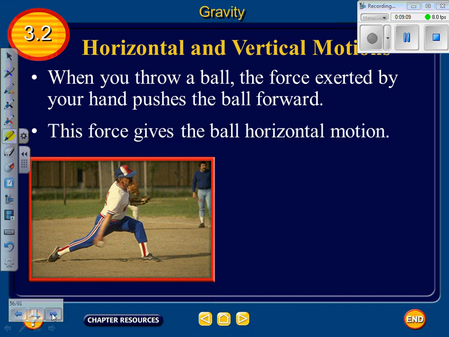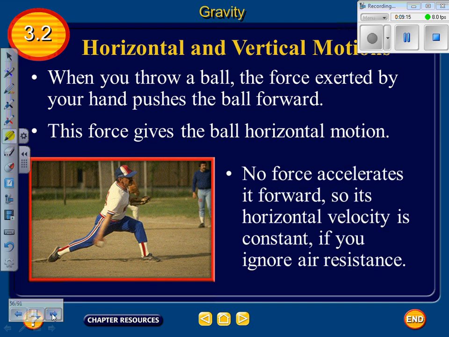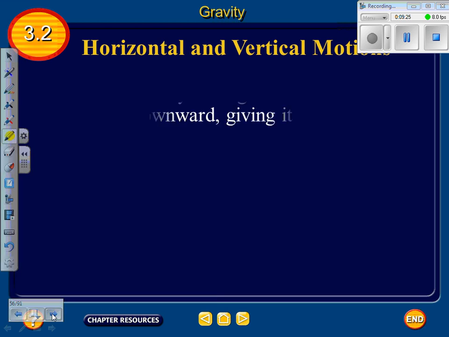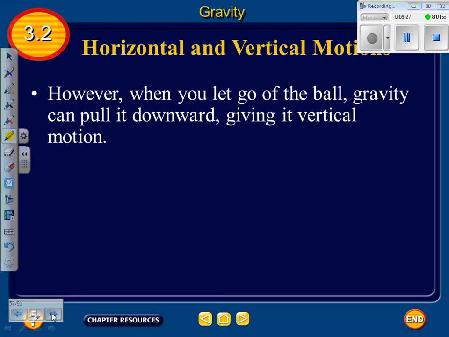This force gives the ball horizontal motion. No force accelerates it forward, so its horizontal velocity is constant if you ignore air resistance. However, when you let go of the ball, gravity can pull it downward, giving it vertical motion.